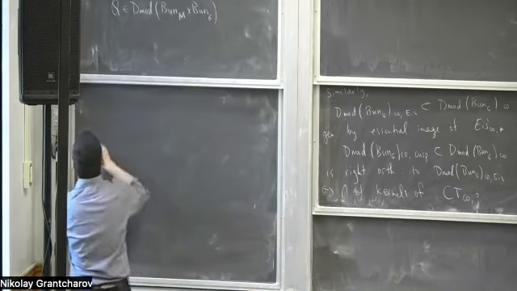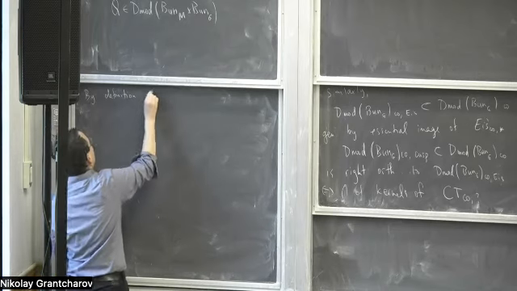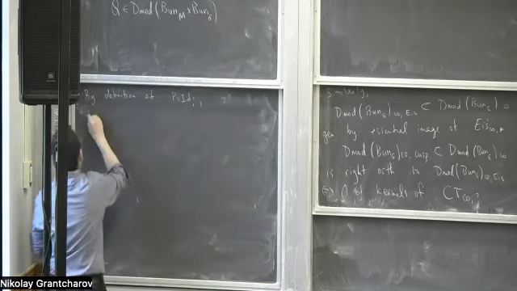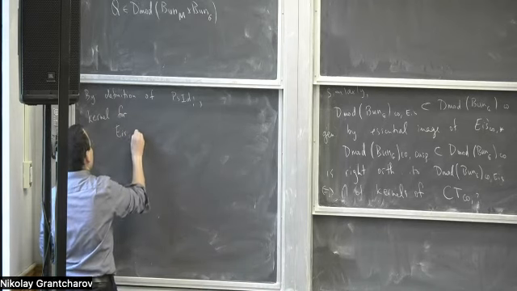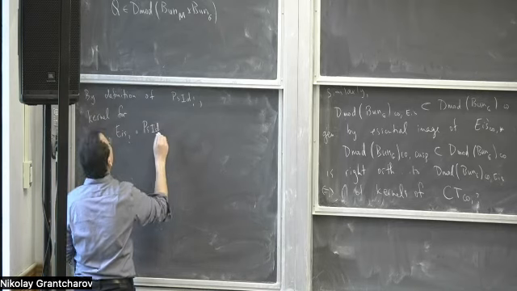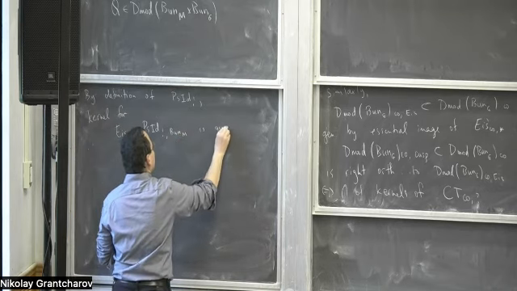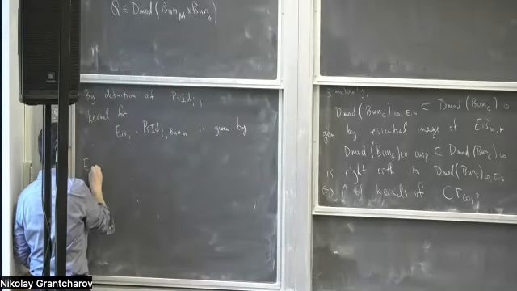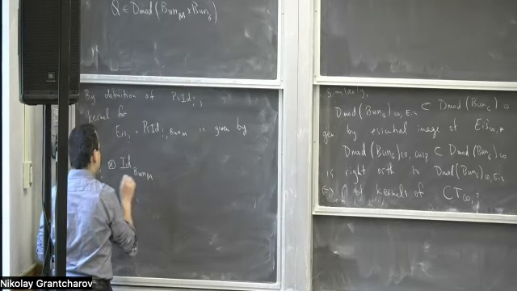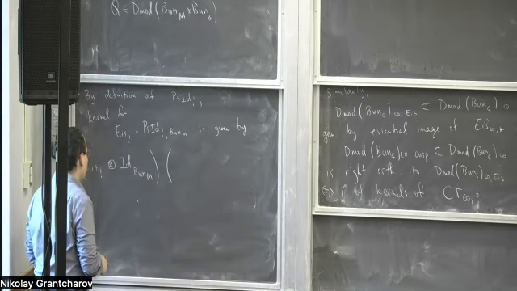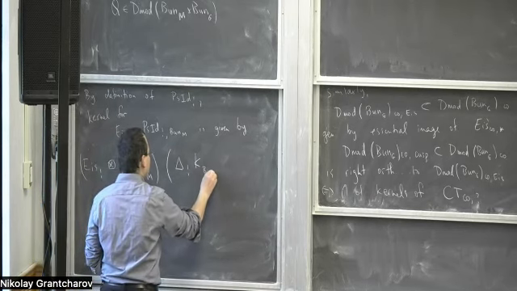So the kernel is given by i shriek box tensor identity on M applied to the kernel.